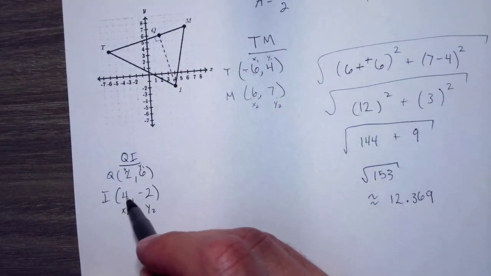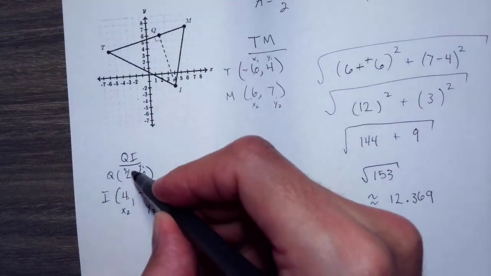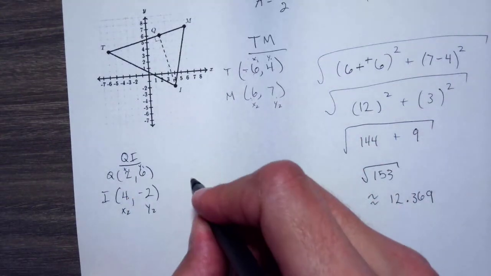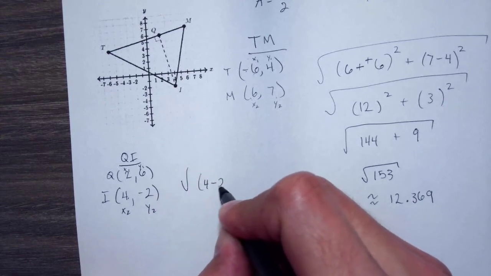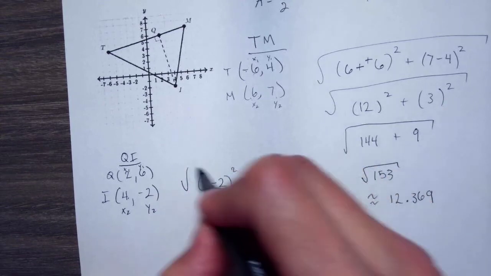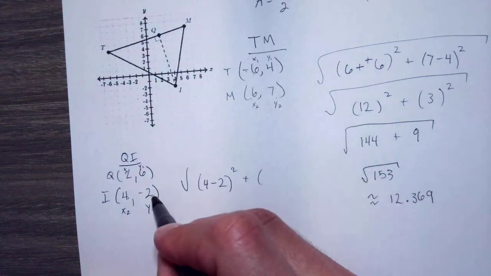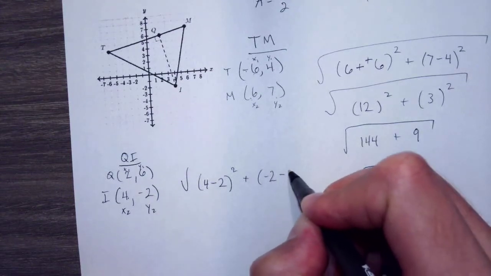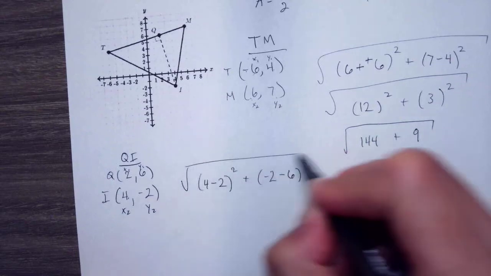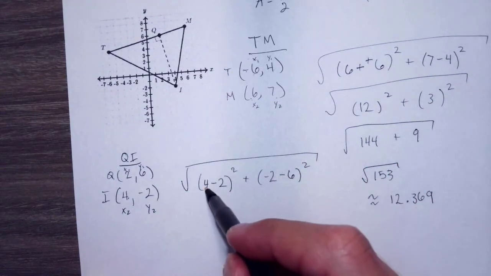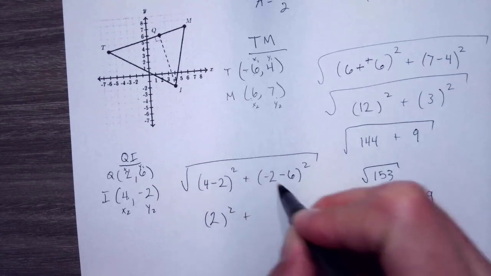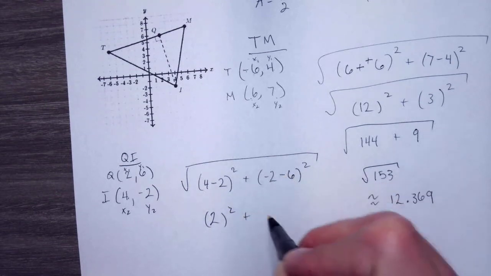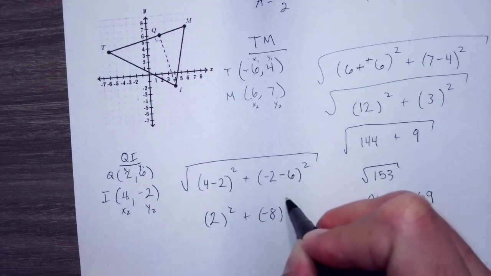So first, the square root of 4 minus 2 squared plus, and then y2, -2 minus 6 squared. That gives me 4 minus 2 is 2. Still have to square it. -2 minus 6, that's -8.